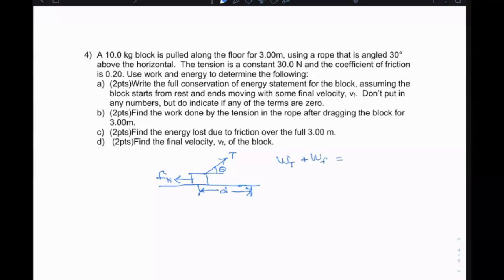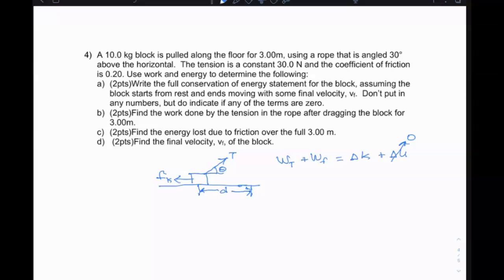And that will cause a change in the kinetic energy. And to be complete, there would be a change in the potential energy. But in this case, there is no elastic potential energy, and the gravitational potential energy doesn't change. So this second term on the right is 0.